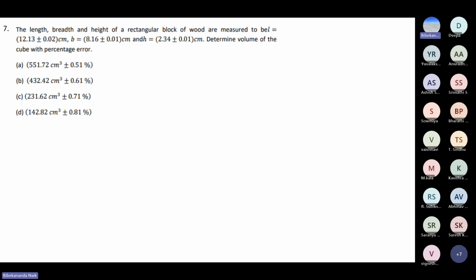So you have length, breadth, and height, and you need to find the volume. Since length, breadth, and height have uncertainties in the measurements, they have errors, so we can calculate the error in volume also. We have the formula in case of a product. Now tell me what will be the value of the volume of that rectangular wood block.